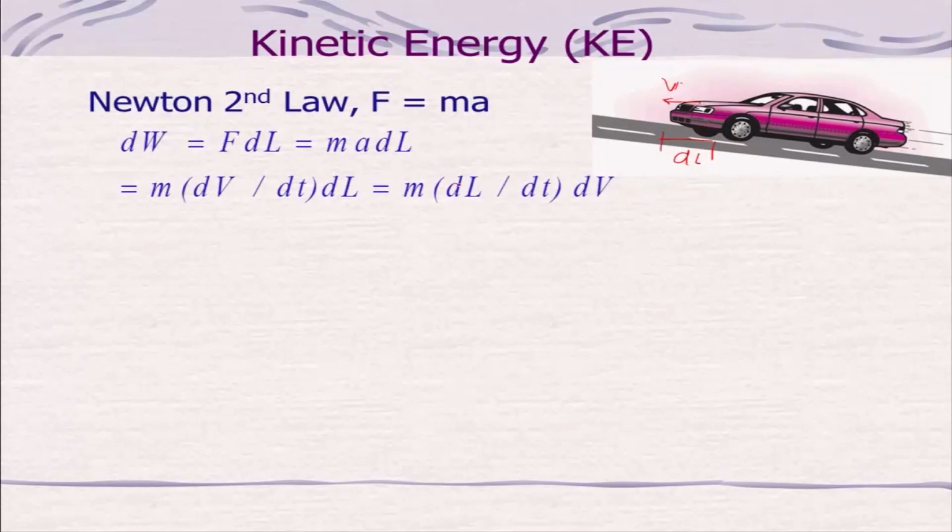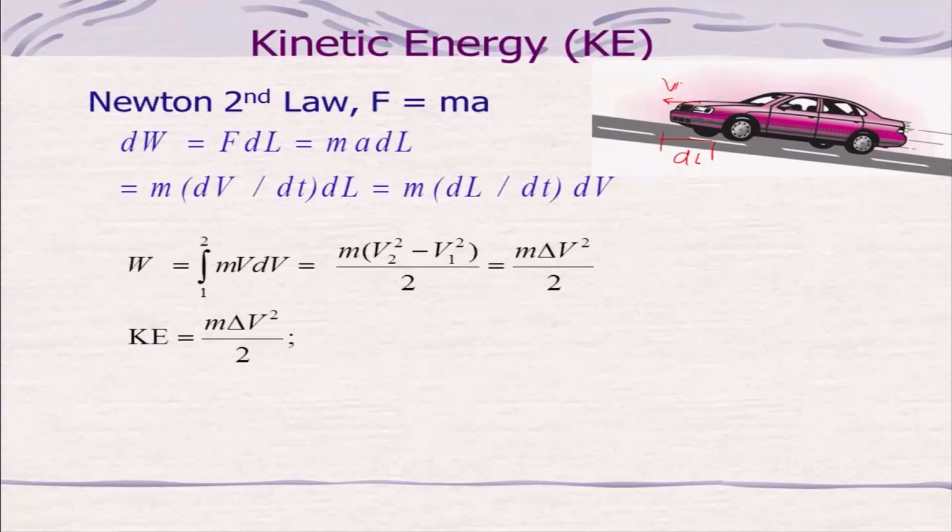And dl by dt is nothing but the velocity itself. So we have mass into velocity into change in velocity between station 1 and 2. If you integrate, keeping the mass not changing, the work done is basically m delta v square by 2, and that is nothing but your kinetic energy.